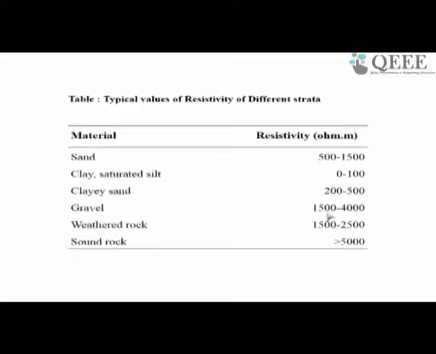But in case of weathered rock, it is 1500 to 2500 ohm meter. So these are some values, some range basically, and it may vary from place to place. As you can see here, the range is quite large in case of earth materials.